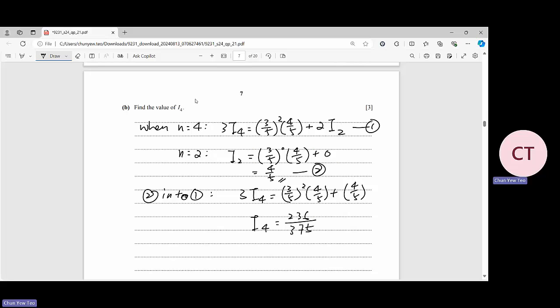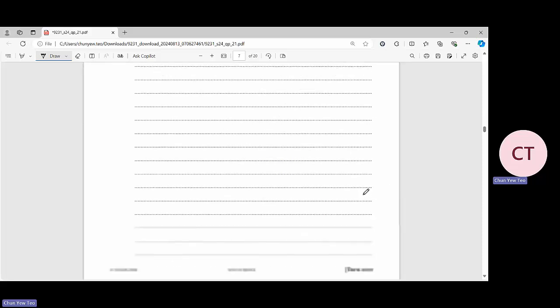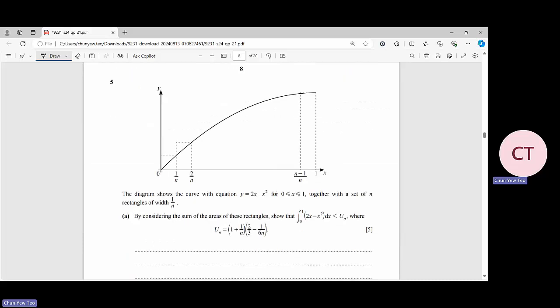The question didn't mention whether the value of I4 should be in exact value or decimal, but usually we just leave the answer as a fraction. So this answer will be I4 equal to 236 over 375, just like that. Done. Now we move on to question number 5.